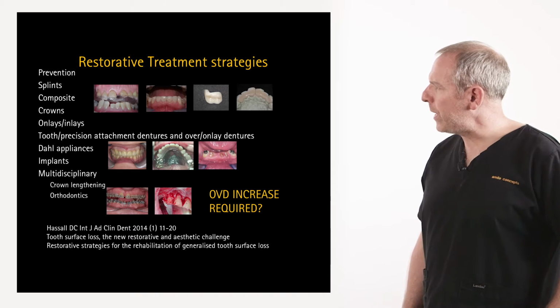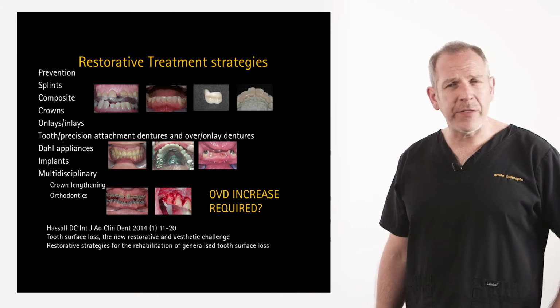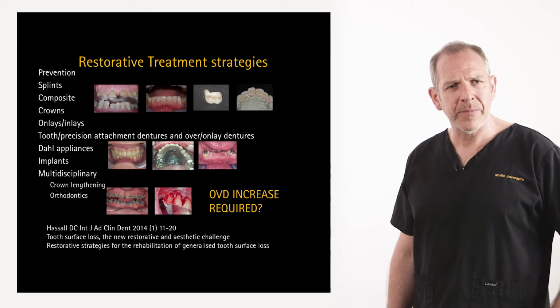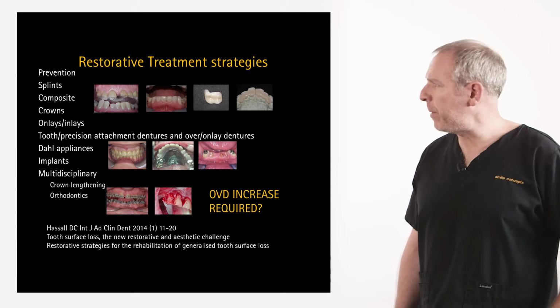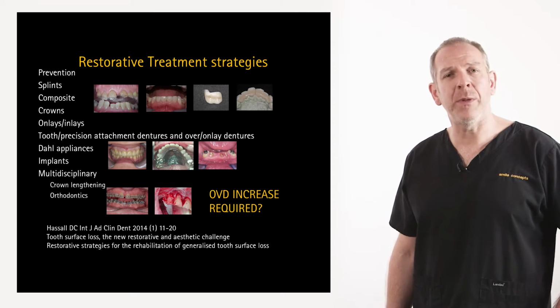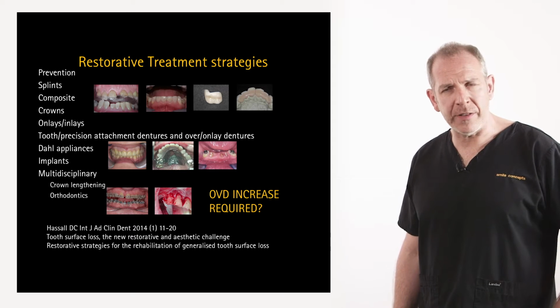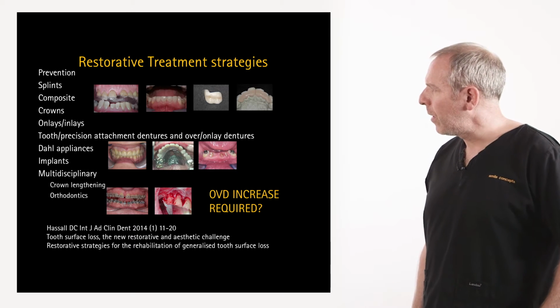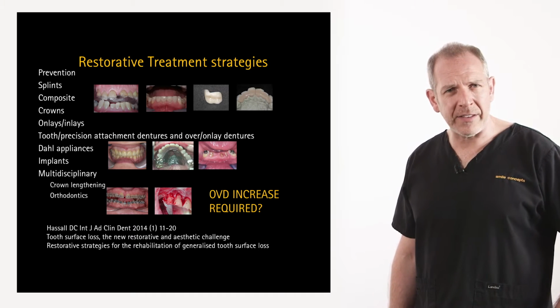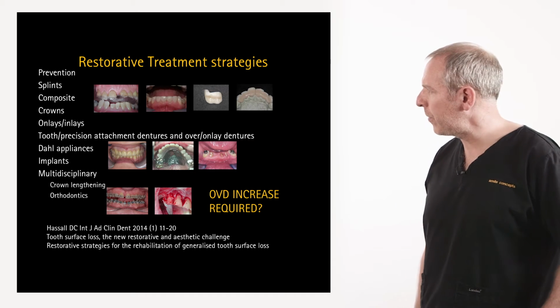So what else do we need to look at? Well, when it's very severe, we need to look at the use of overlay or onlay dentures. And at this point, these can be combined with simple tooth-based precision attachments to help the retention of the denture. Dahl appliance is particularly useful for localized anterior tooth surface loss.